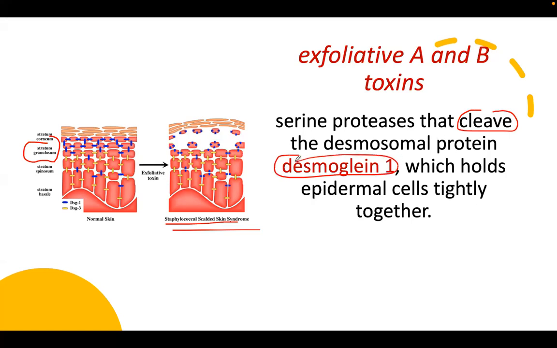The function of desmoglein 1 is to hold epidermal cells tightly. So if desmoglein is damaged, what happens to the epidermis, the skin? What phenomenon would you see in SSSS? This is what we call the splitting of the skin.